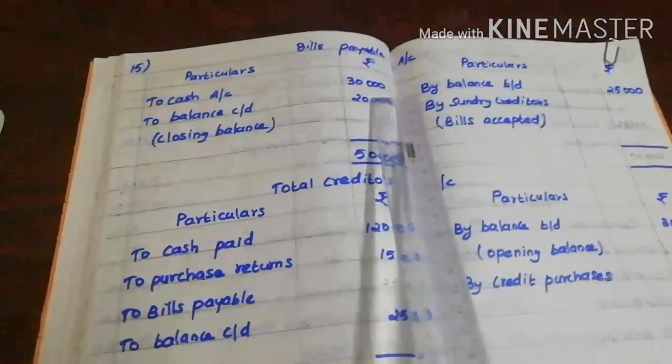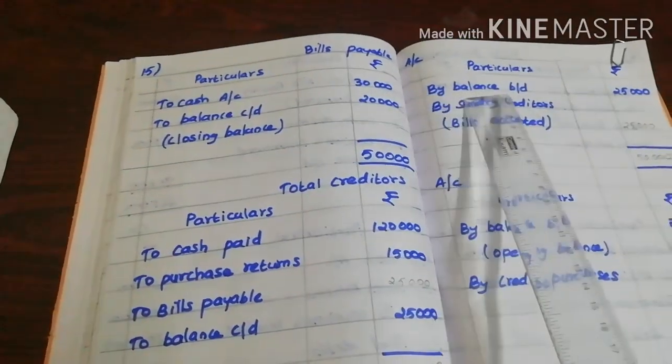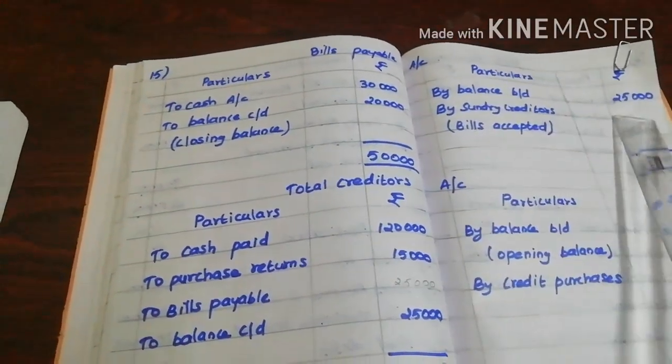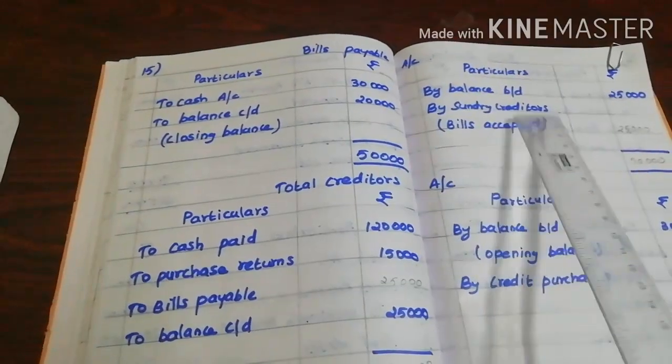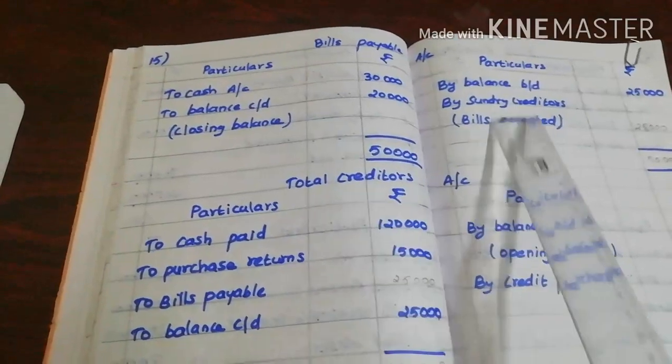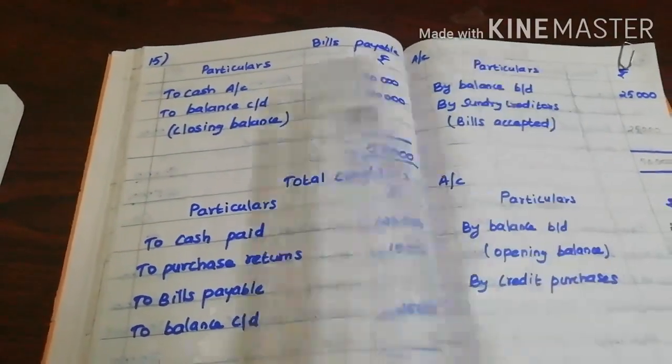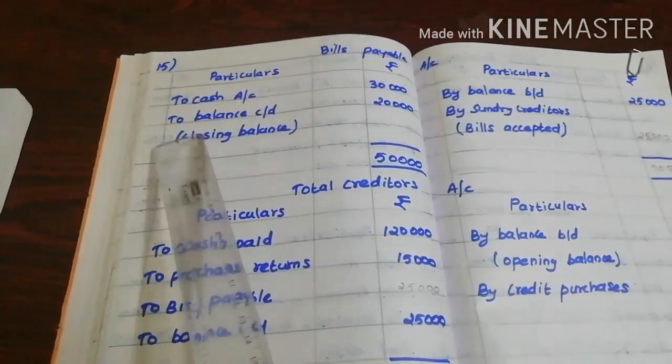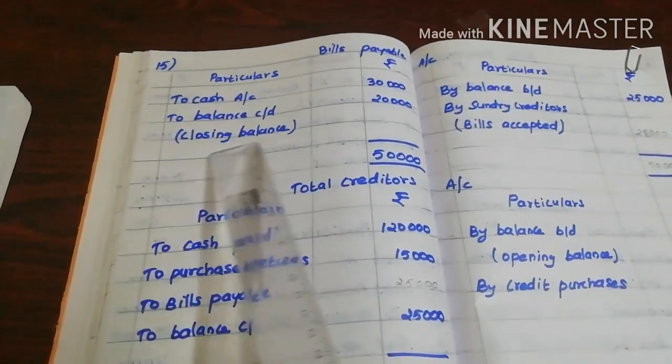So how do you start the bills payable account? By balance brought down. By sundry creditors, bills accepted is not given, so for that only we are preparing the bills payable account. To cash account and to balance carried down, that is the closing balance.